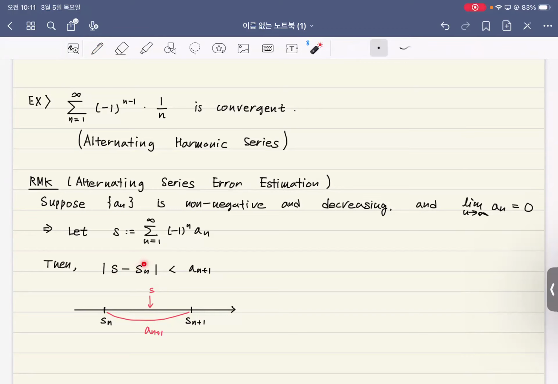The distance between S and Sn is definitely smaller than the length of this line segment, right? So this is how we justify this inequality. This is so easy and obvious, but this fact will be used many times later on. So I believe this is the right time to introduce this.